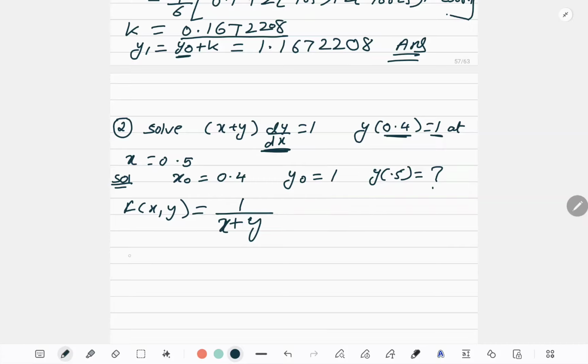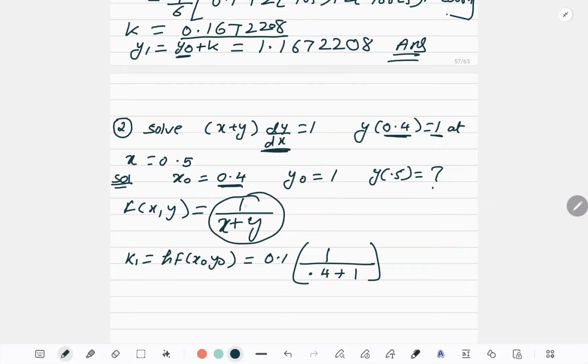So now let us start with k1. We all know the formula. So k1 is equal to h f of x0 y0, right? So now you have to go from 0.4 to 0.5. So h is definitely 0.1. Okay, so 0.1 and 1 upon 0.4 plus 1.